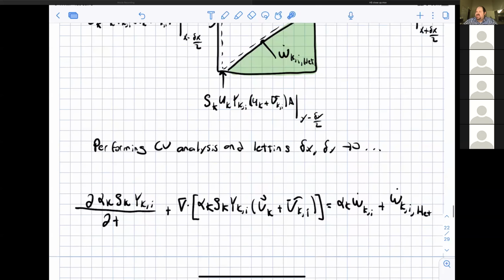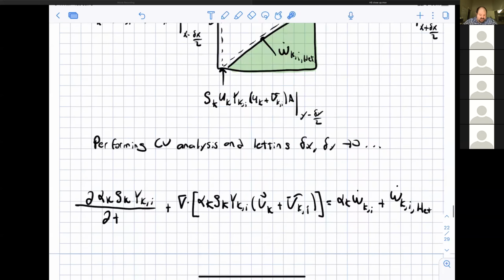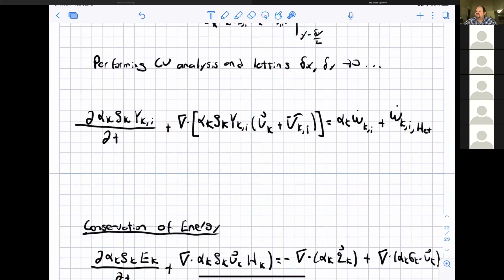And when we do the CV analysis and let delta x, delta y go to 0, all that stuff, we have this equation here, where again it's the standard species mass equation, except for this weighting by the volume fraction in front of all the terms, including the homogeneous chemical reaction, and we have this heterogeneous reaction term here, and you can prove that m dot triple prime k equals the sum over i equals 1 to the number of species in phase k of omega dot ki het. Okay, so that's just what conservation of mass requires.